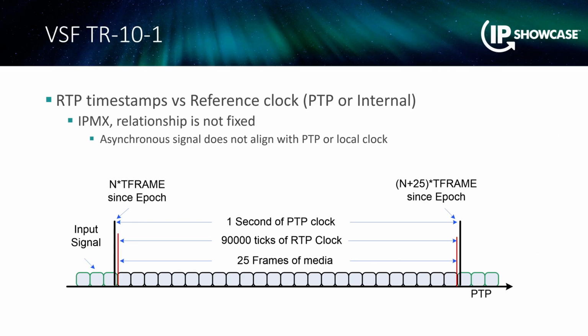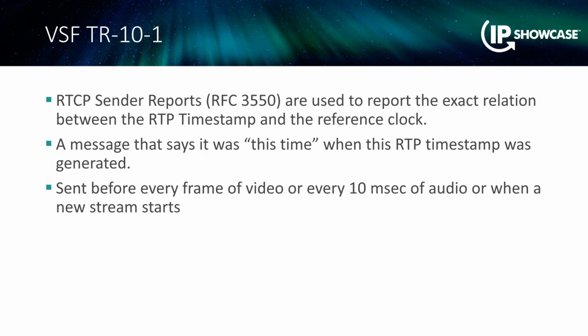And so because there's no direct relationship between the two, we need a way to communicate to devices what the relationship is between our RTP timestamp and the reference time on the network.